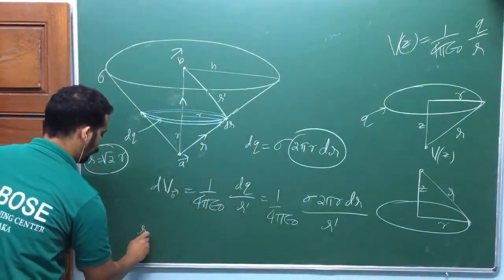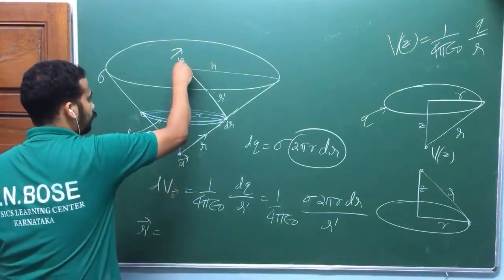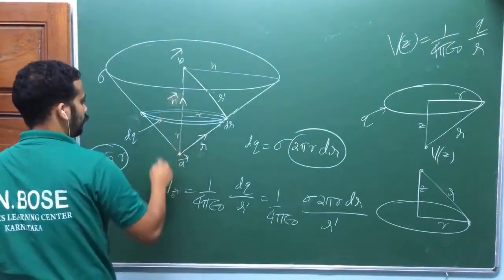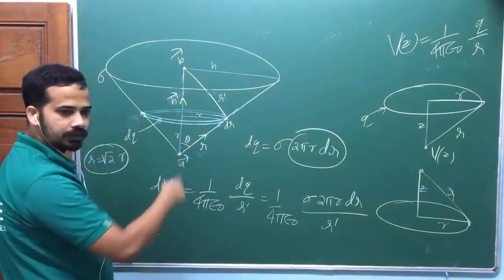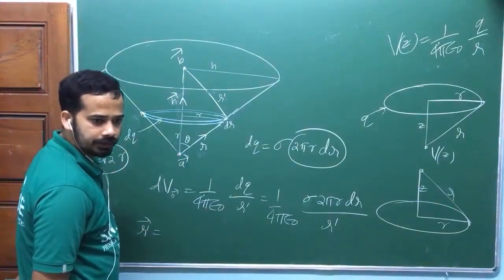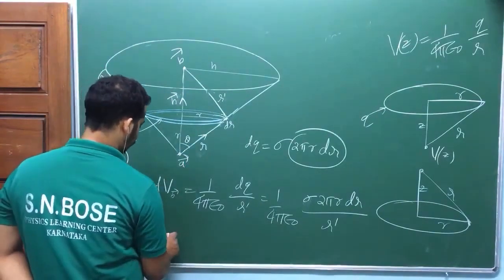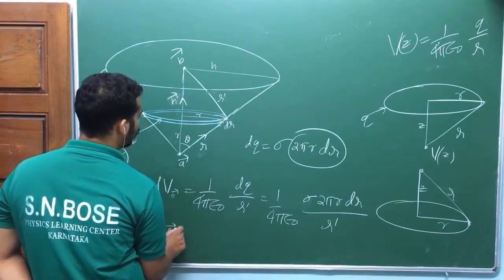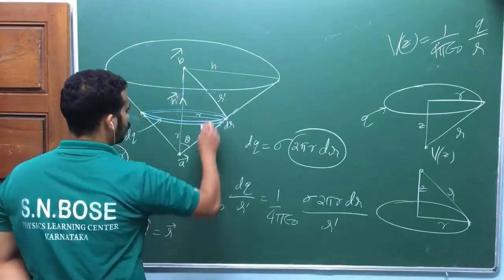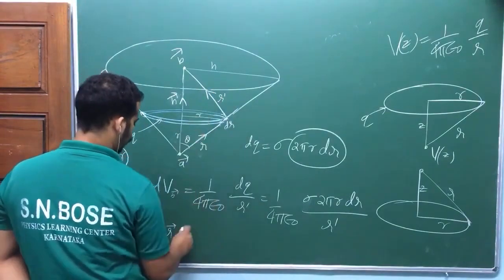Sir, by taking the angle concept, we can do this. So let me define one h vector here. Okay, and I know this angle. This angle is equal to 45 degree. Yes, sir. I know this angle. Wait a second. R prime vector is equal to R vector minus H vector.